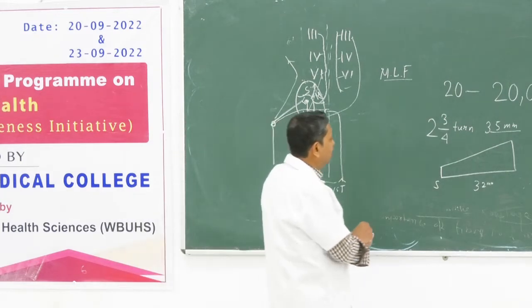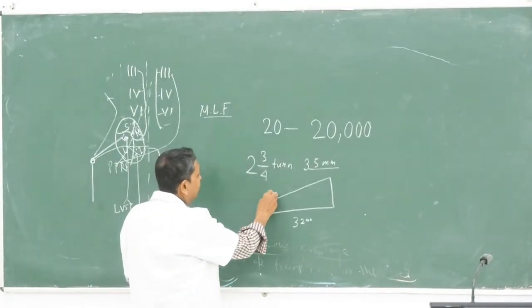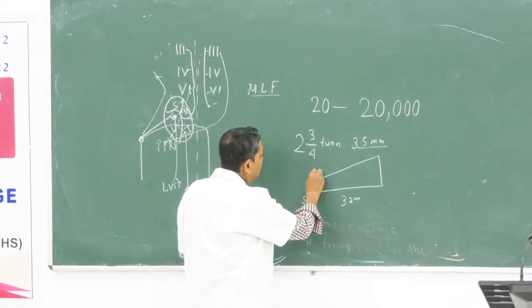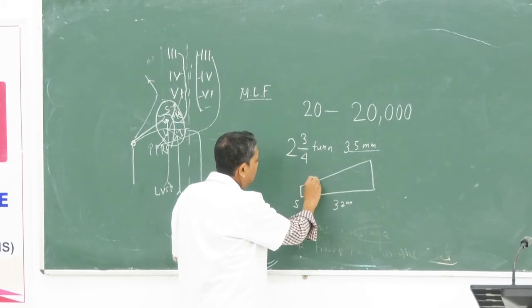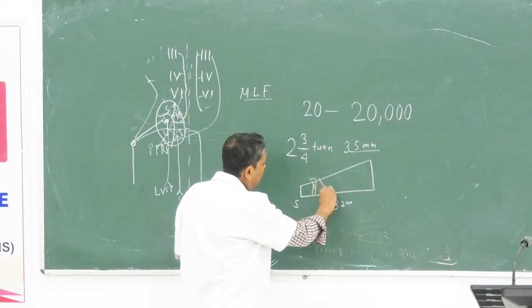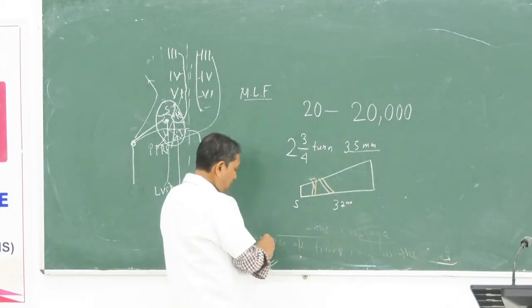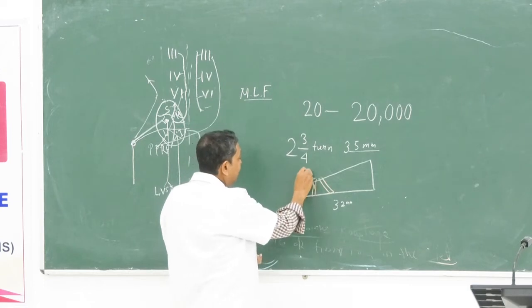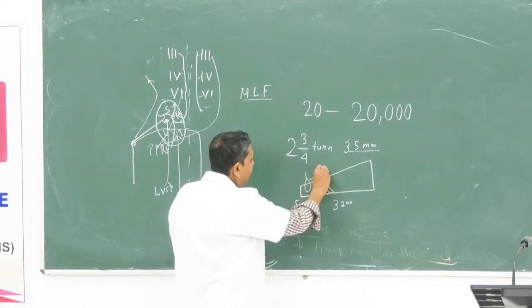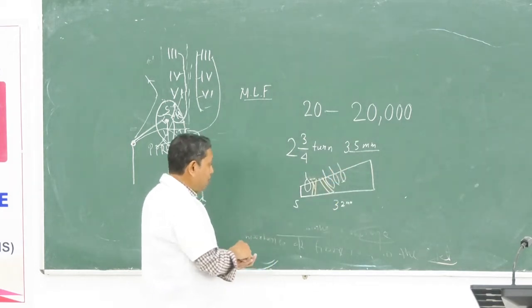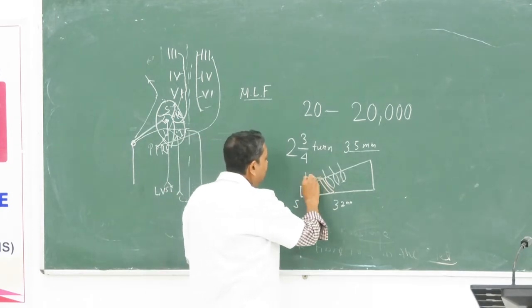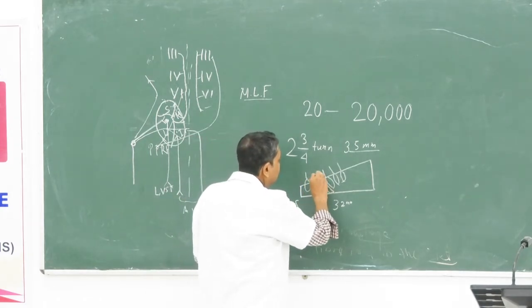There are the rods of Corti, and there is a tough reticular lamina over this.